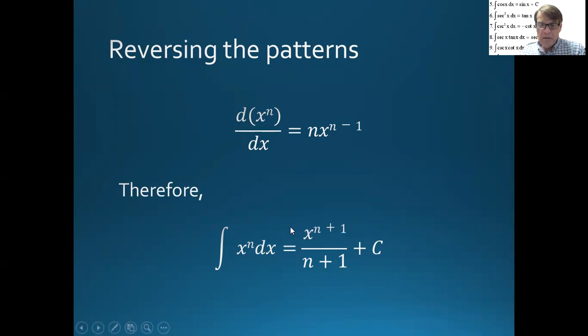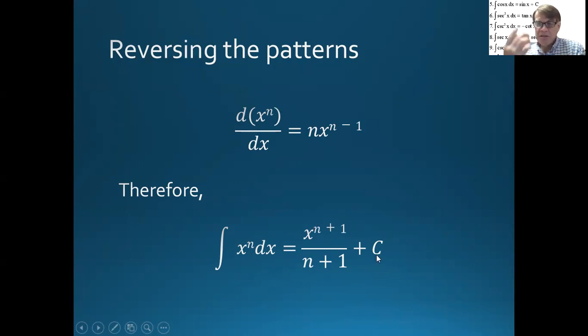So if you take x to the n plus 1, and multiply n plus 1 by the front of x, you're going to have n plus 1 divided by n plus 1, which is 1. And so that leaves you with x. And then if you subtract 1 from n plus 1, you get n plus 1 minus 1, which is just n. So you can see that this particular formula, x to the n plus 1 divided by n plus 1, when we apply this, it ends up as x to the n.